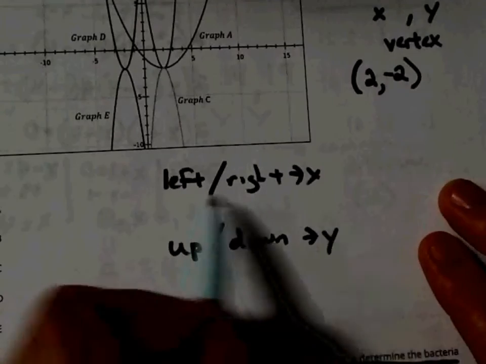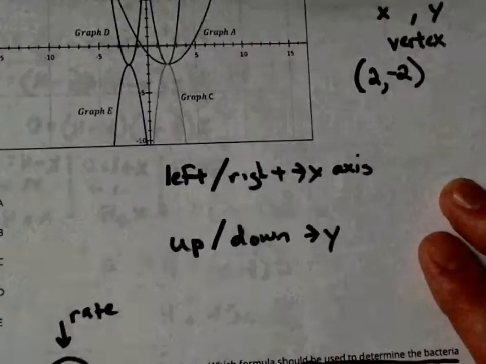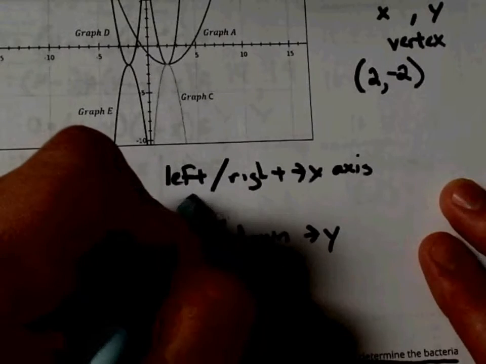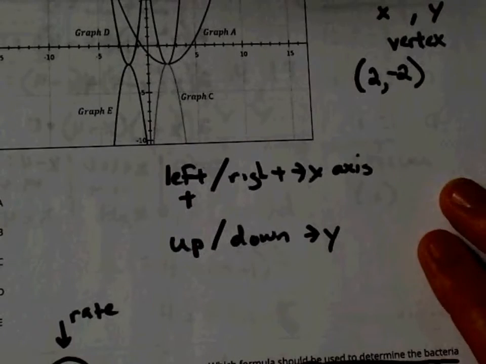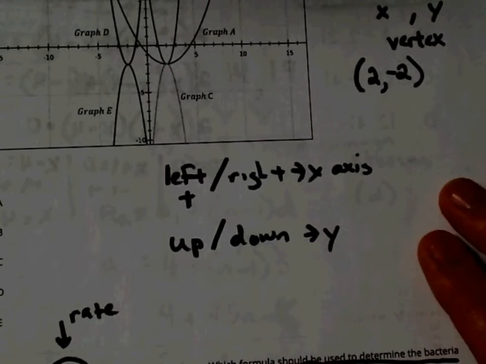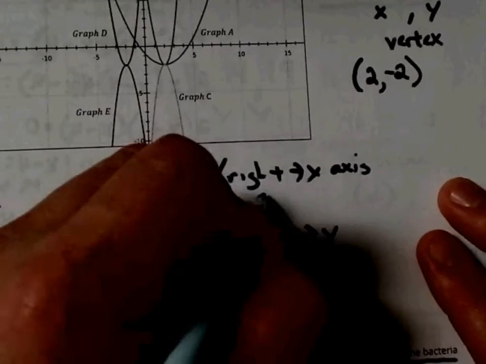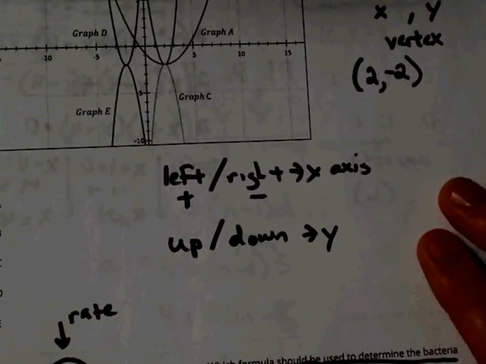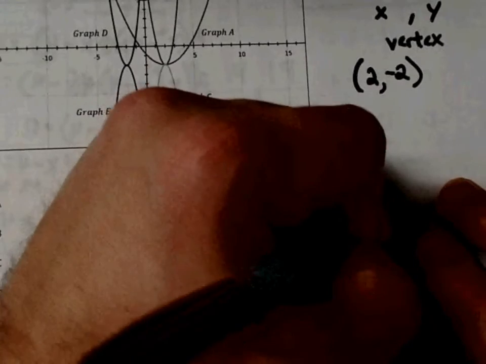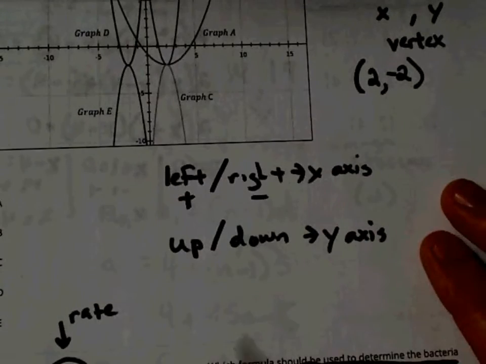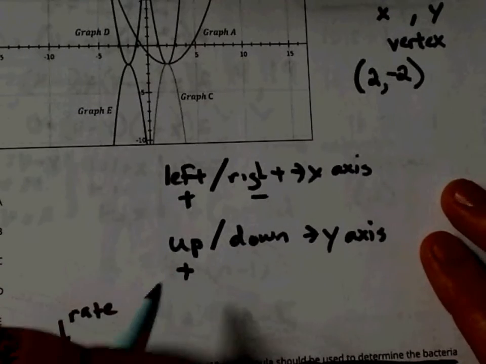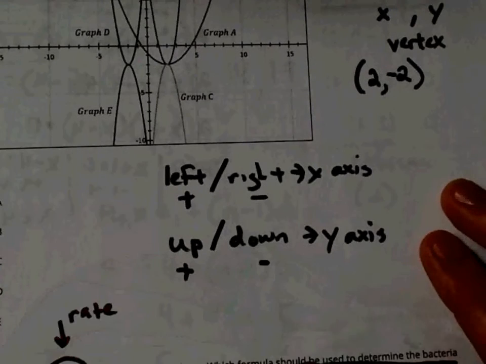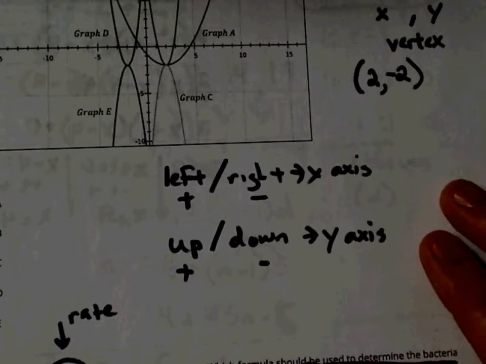But when we move on the x-axis, this is not going to be what we typically think. It's going to be a plus to the x. And this is going to be the minus to the x. On the y-axis, this is going to be a plus because it moves up, and this will be a minus and it'll move down. That's a memorization tactic we have to know.